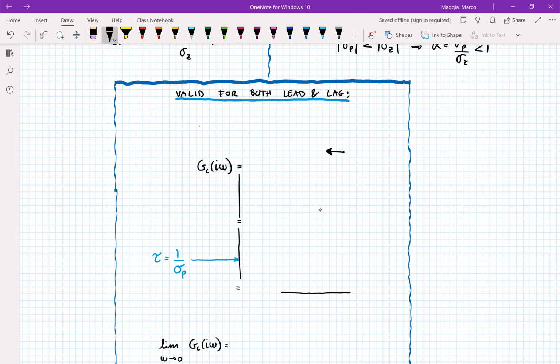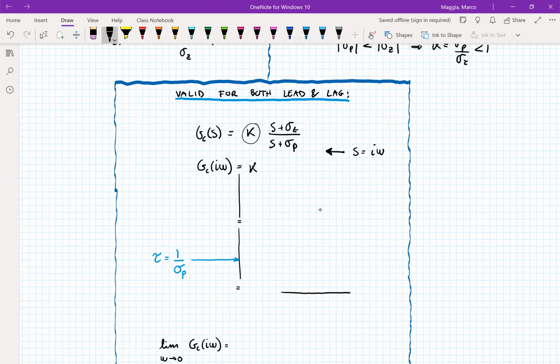Okay, so as I said, we're going to consider now the transfer function associated with the compensators, but we also allow a constant gain to be present, and this will be clear in a second. Since we're dealing with the frequency domain, we substitute s equals i omega. So we can rewrite G_C with omega instead of s.